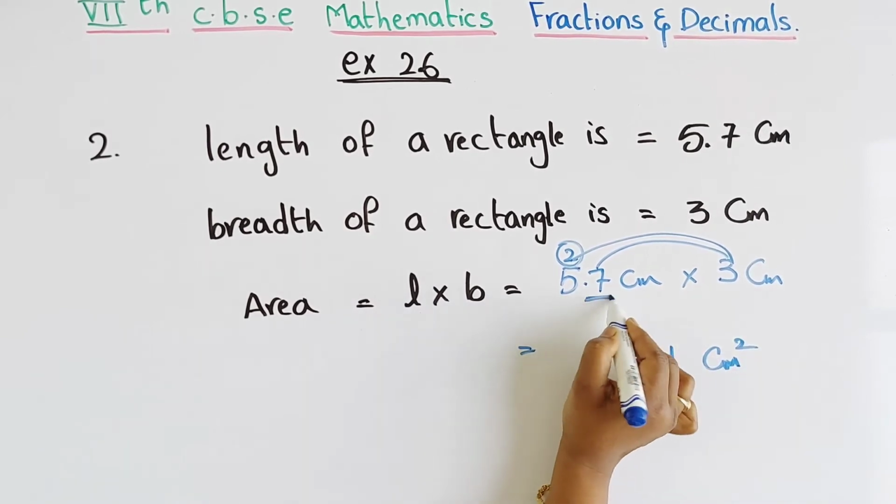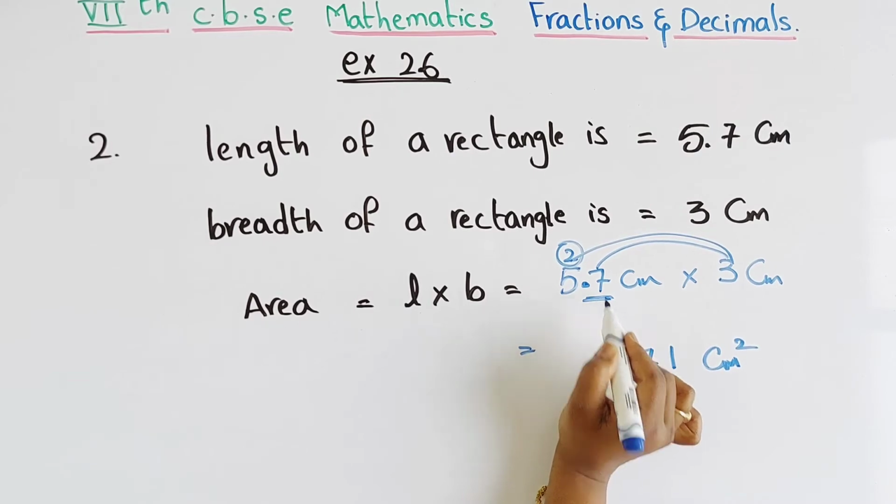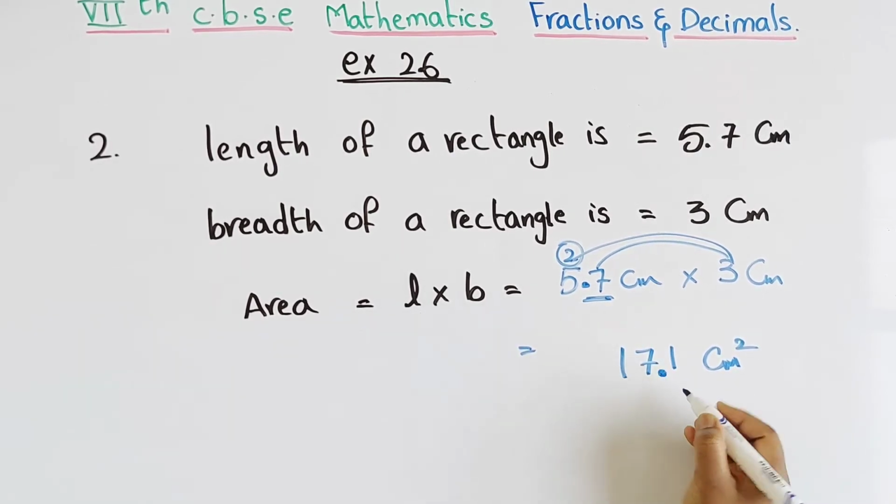But we have the point after one number, so in the answer also we should have the point after one digit. 17.1 centimeter square is the answer, children. So the area of the given rectangle is 17.1 centimeter square.